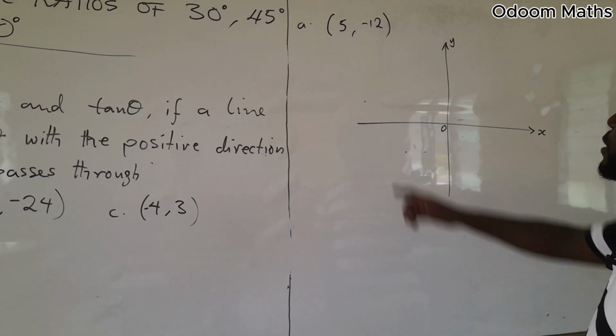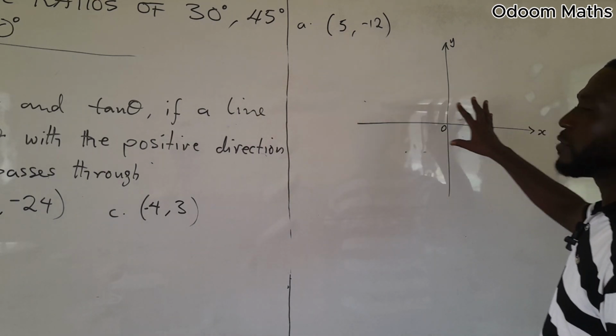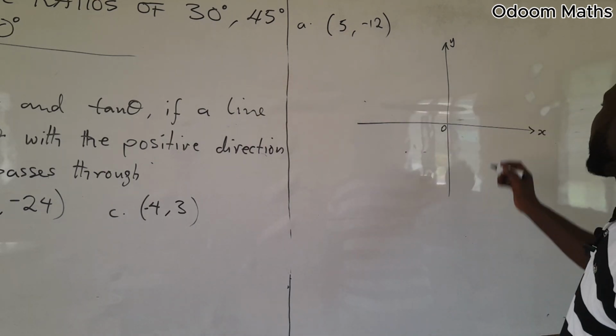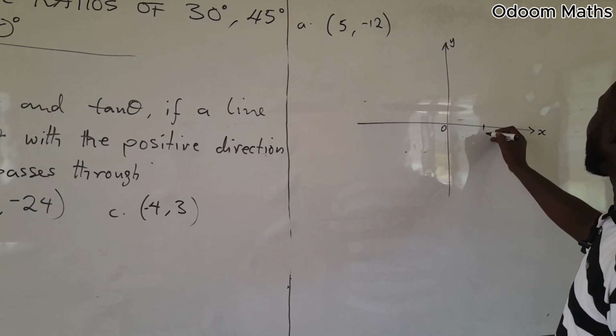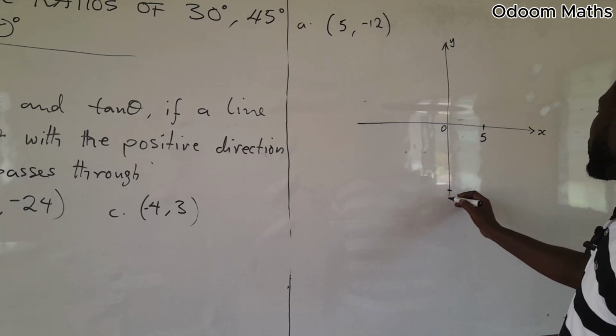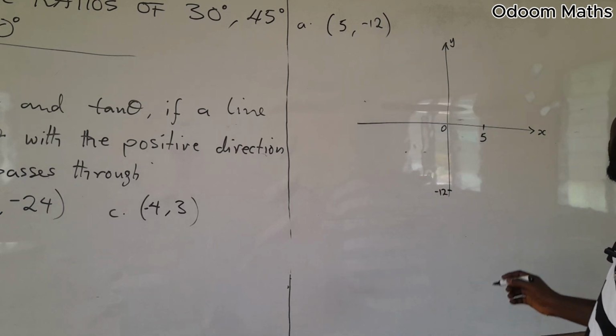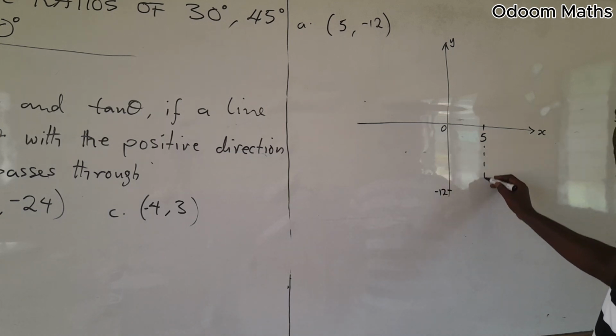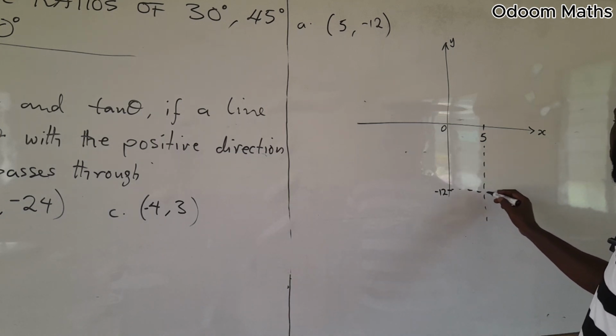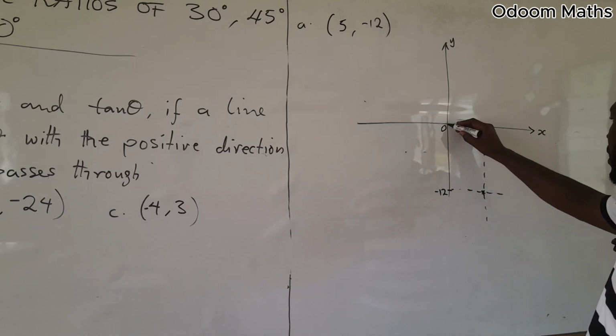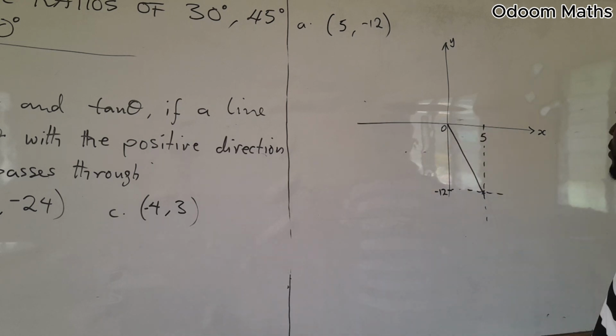Okay, now let's look at that. We are to put 5 and 12 on this Cartesian plane. So 5 is on the x-axis, so this is 5. Then 12 is also here, and they meet at this point. So I can draw a line from here to join the points.